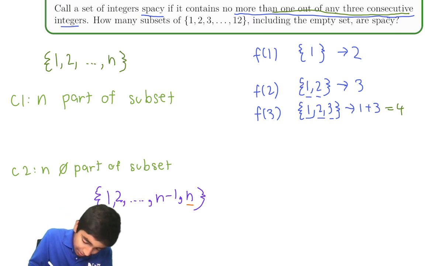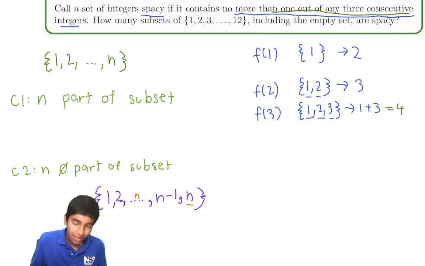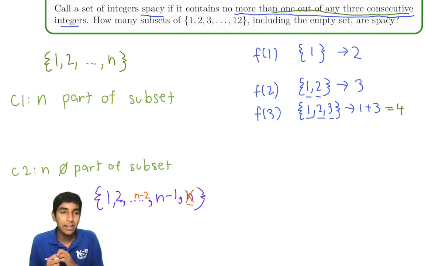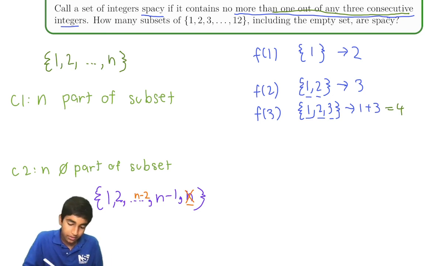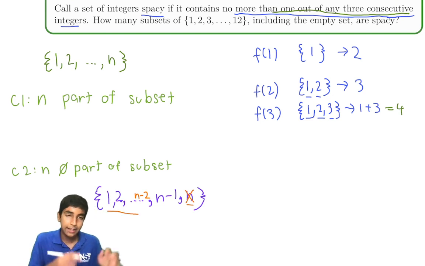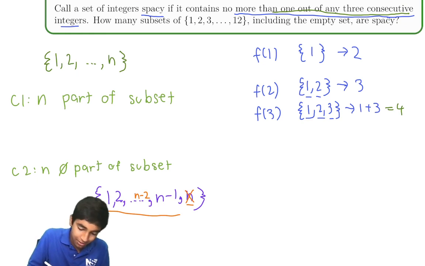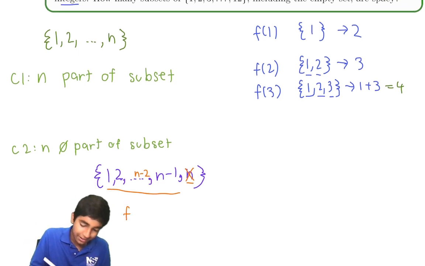And in this case, the consecutive integers are n minus 2, n minus 1, and n. But if n is not contained, then it's not putting any restriction on n minus 2 and n minus 1, because those are the only 3 consecutive integers it's part of. So if n is gone, then they can be whatever they like, as long as they satisfy the conditions for n minus 1. So in this case, it's just f of n minus 1 ways. Interesting.